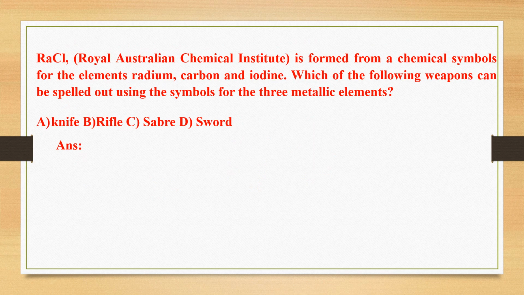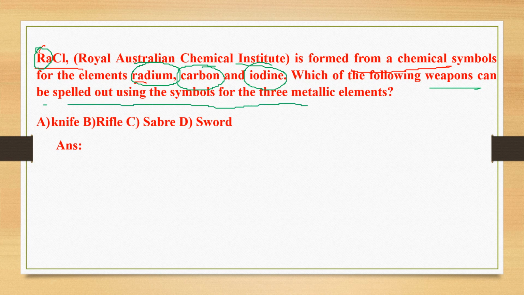RACI means Royal Australian Chemical Institute. Here the letters are in the form of chemical symbols. Ra is radium, C means carbon, I means iodine. Which of the following weapons can be spelled out using the symbols of three metallic elements?